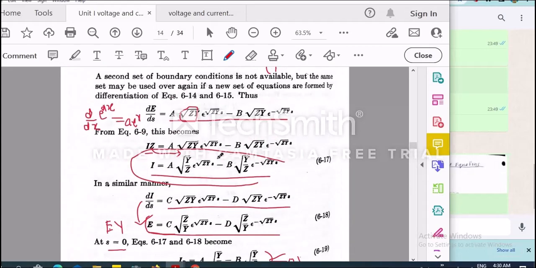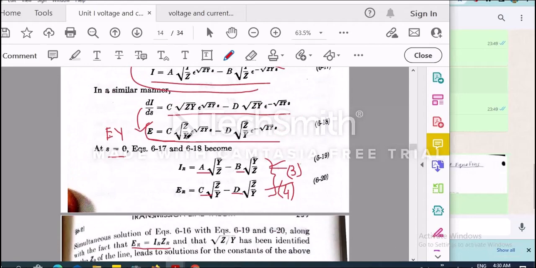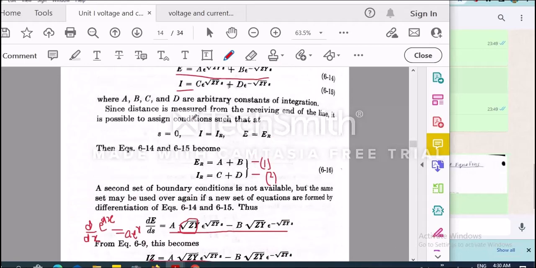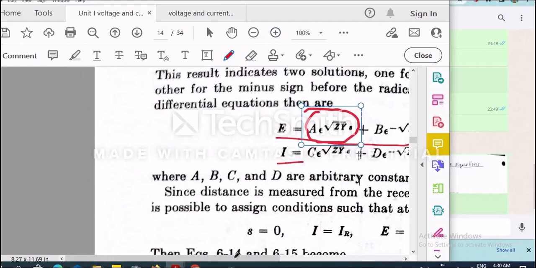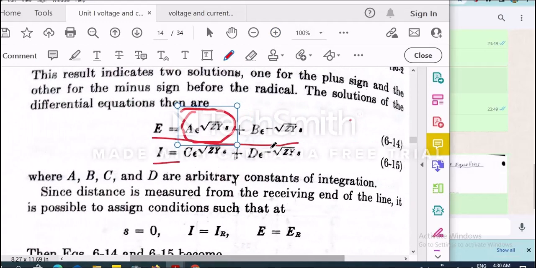The first term tells about the forward traveling voltage wave, and the second term tells about the reflected wave, from load to source. If I take the ratio of reflected by incident, we get the reflection coefficient.